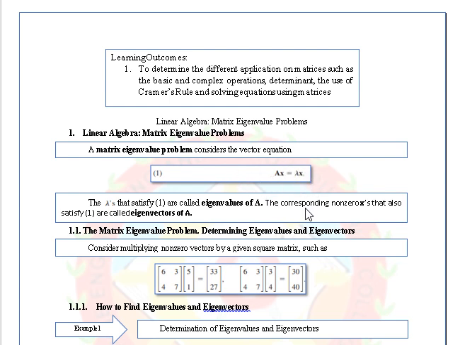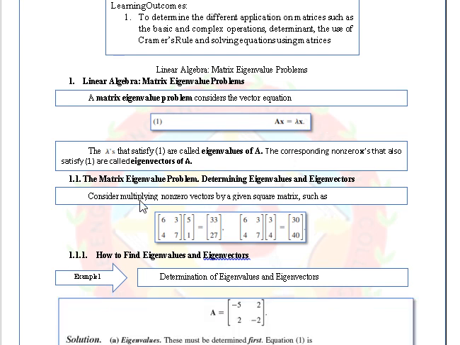Then the corresponding non-zero x that also satisfies this equation is called an eigenvector of A. So take note: the values of lambda are called eigenvalues, and the values of this x are called eigenvectors.